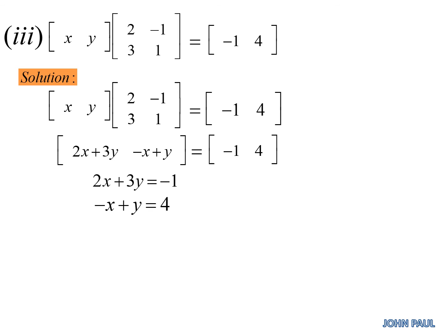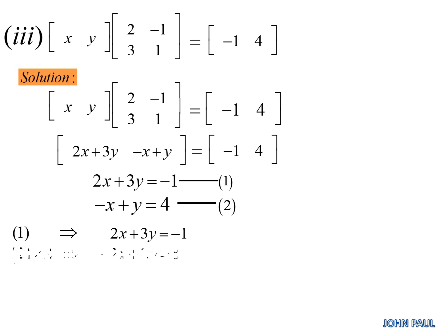By equating this, we assign equations 1 and 2. Now we want to cancel x or y. In the first equation it is 2x, in the second equation it is minus x. So for that reason, we take equation 1 and multiply the second equation by 2.